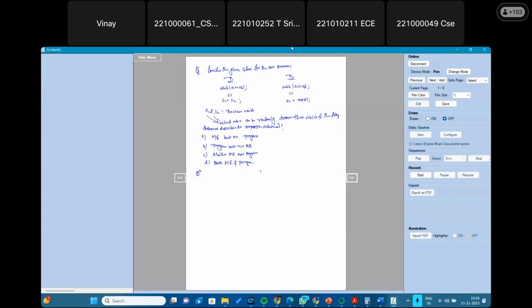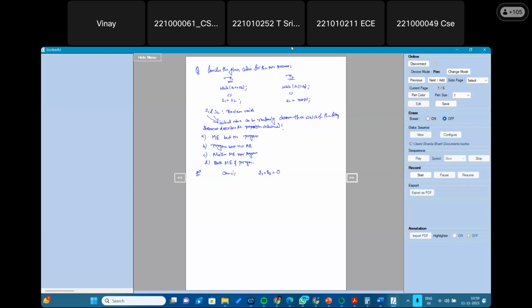Let us suppose initially the value of S1 equals S2 equals 0. So both have the same value.